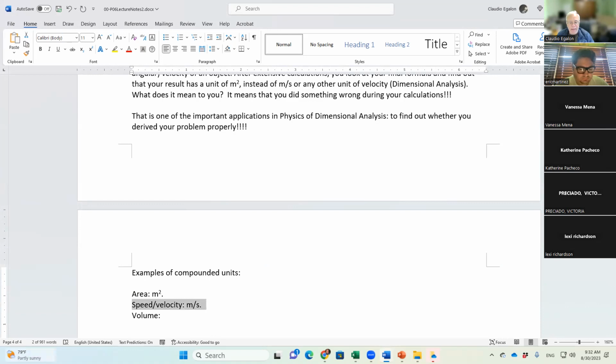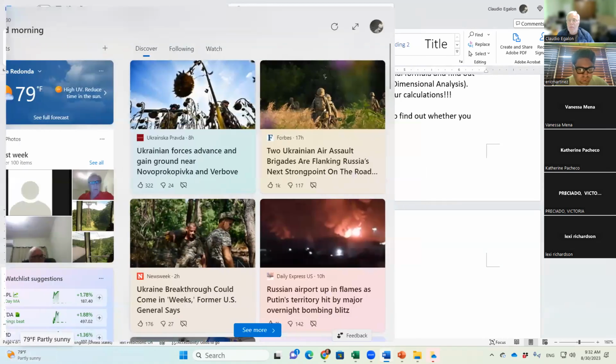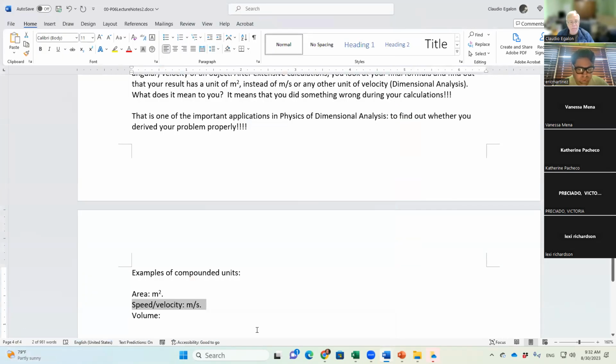Here we are dividing 2 units. What would be the unit for volume? Type that in the chat box, please. I'll give like 1 minute to look into that.